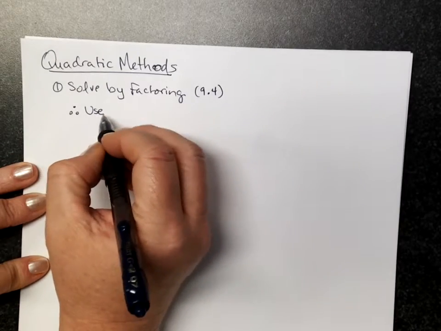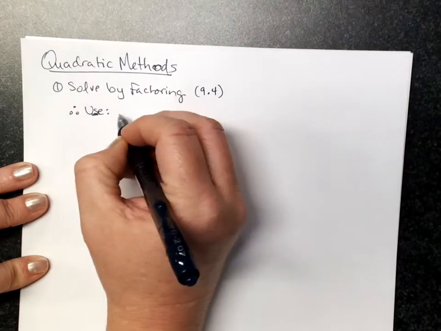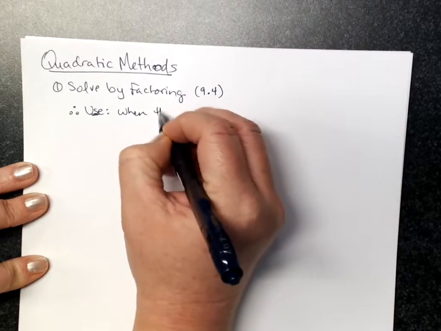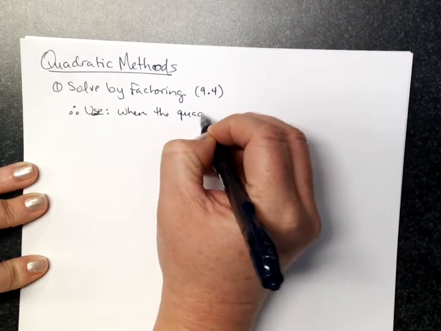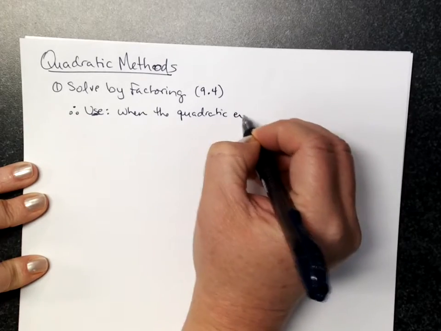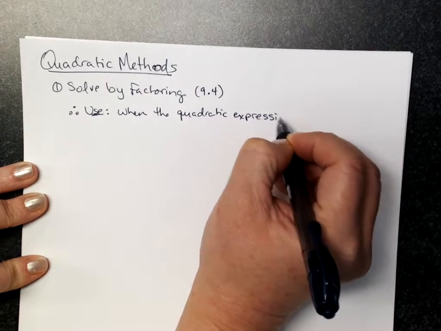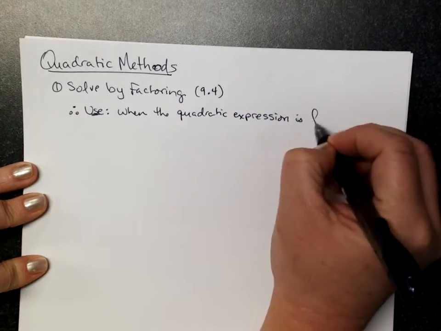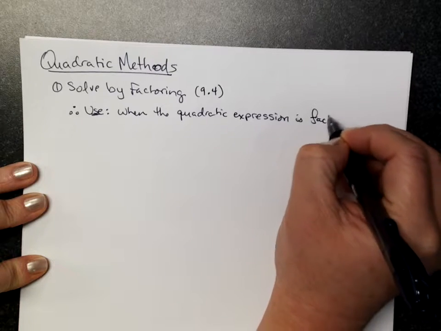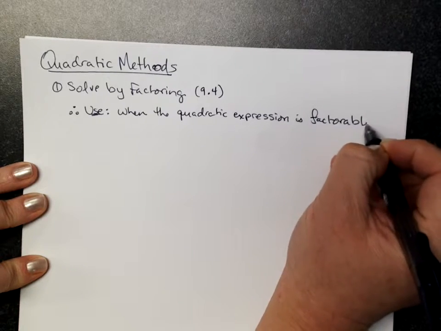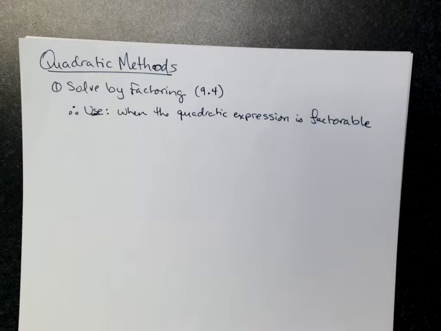So solving by factoring, you use that when the quadratic expression is factorable. In 9.4, every one I gave you was factorable all the way down to its linear factors. Okay? But not every quadratic is factorable.